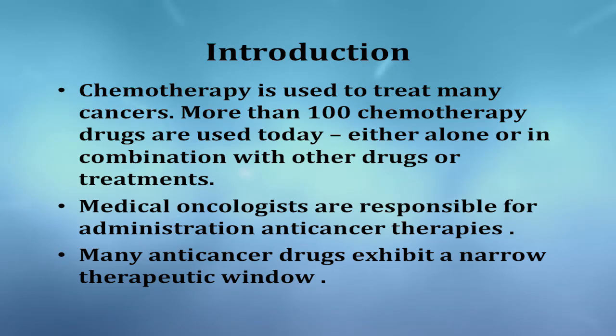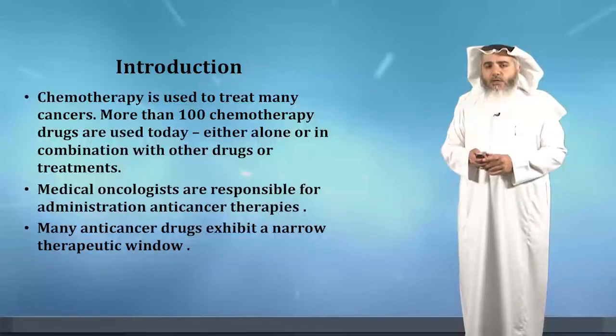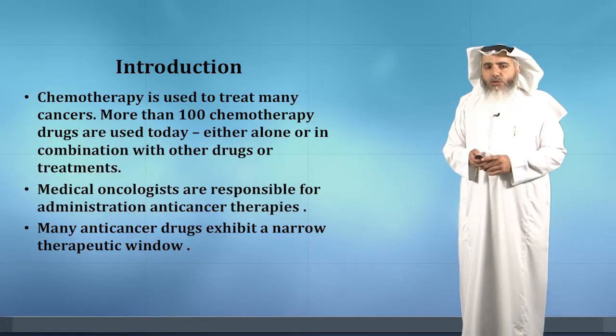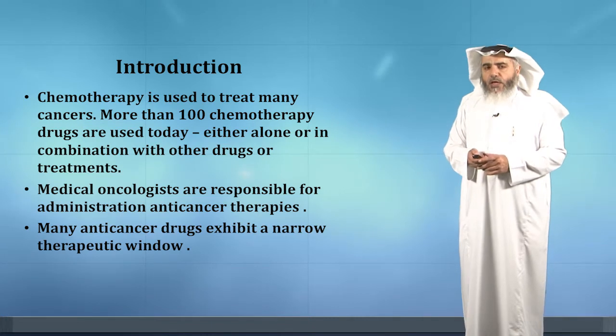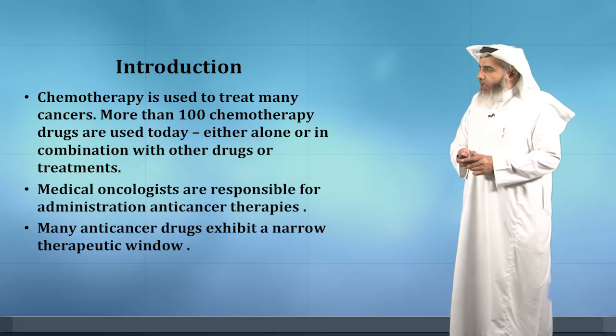But at the beginning of the 19th century, scientists started to use some chemical substances to treat diseases. Nowadays chemotherapy is a description for the medicine used to treat cancer, and there are more than 100 different types of chemotherapeutic agents.